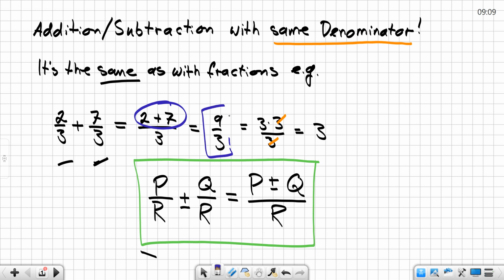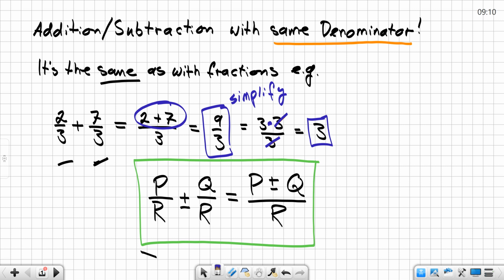Now, every time you reach this step, we always have to simplify. Every time. 9 divided by 3, well, 9 is the same thing as 3 times 3. I am factoring, I will cancel out common factors, and I'm left with my final answer.